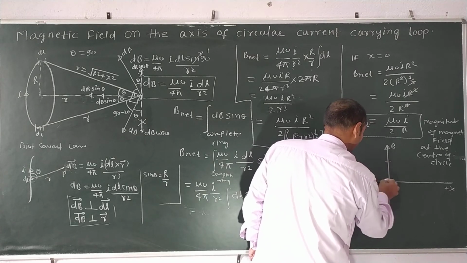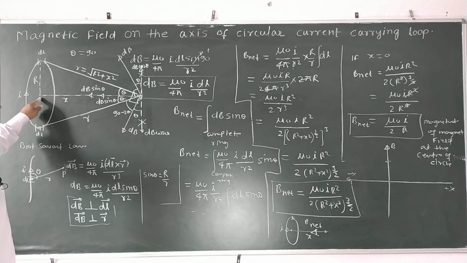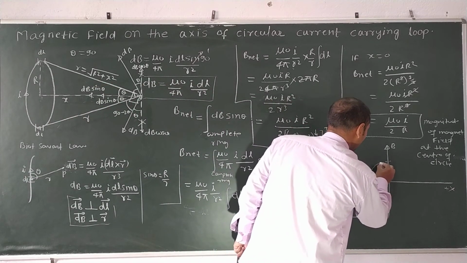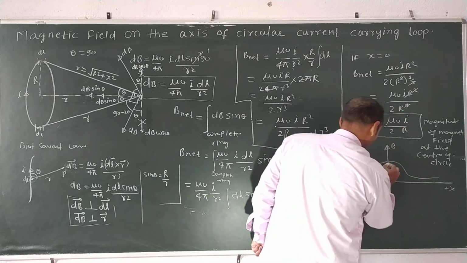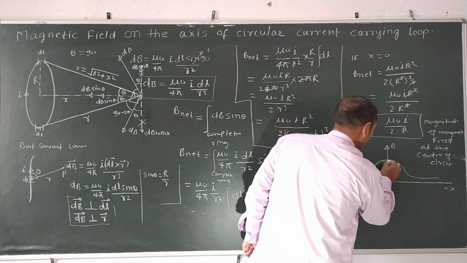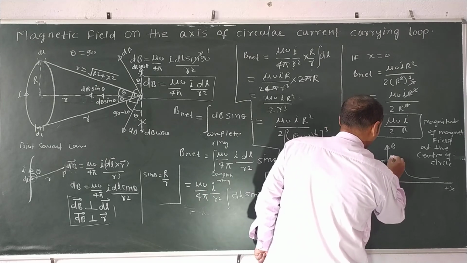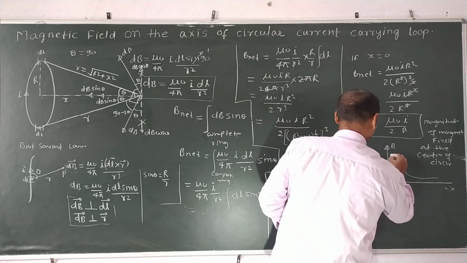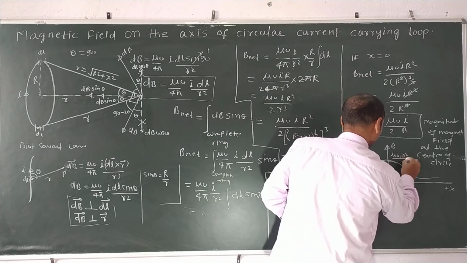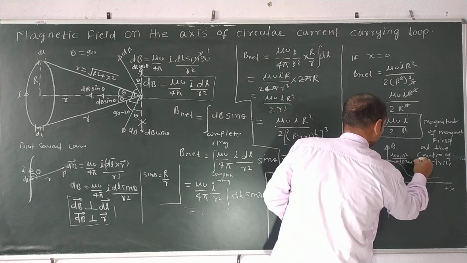The magnetic field at a point P at distance x is equal to μ0 I R² divided by 2 (R² + x²)^(3/2).